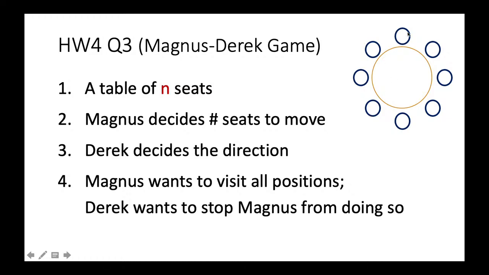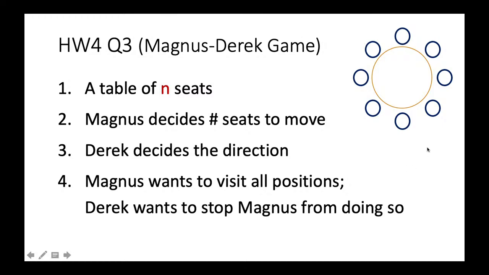So Magnus will specify the number of seats that he wants to move around. But then he cannot specify the direction. So it could be clockwise or it could be anti-clockwise. And Derek is the one who specifies the direction. Now the game here is Magnus wants to visit all the positions, but Derek wants to stop Magnus from doing so. So who will win this game?